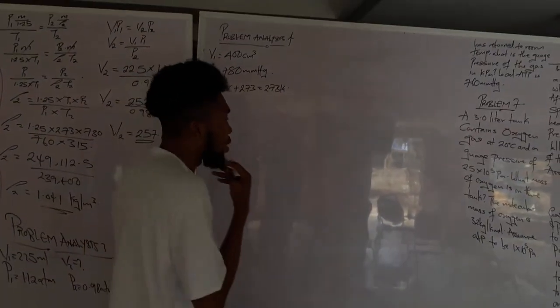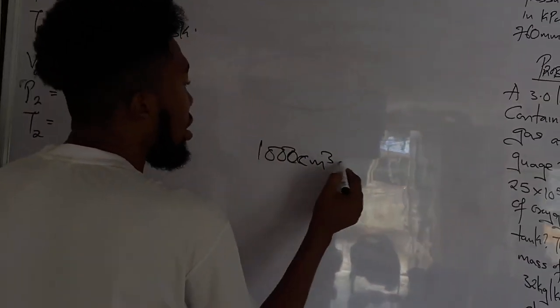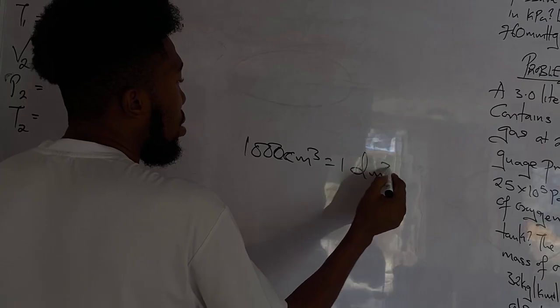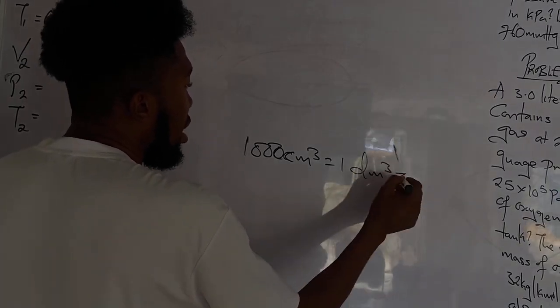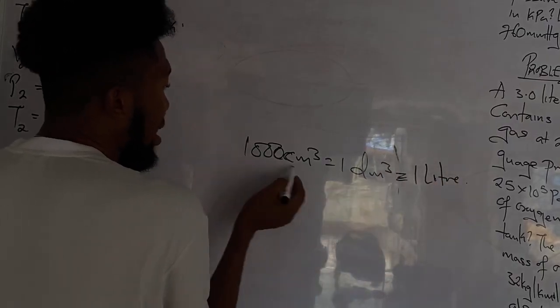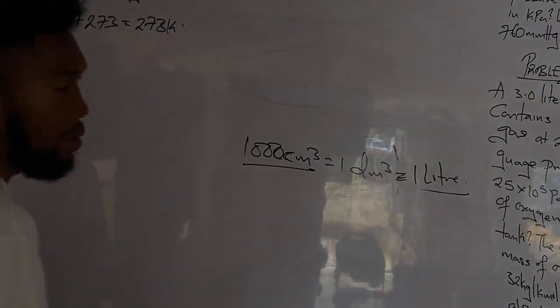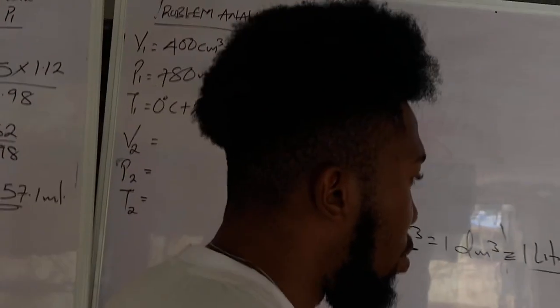But I will help us now. One thing you must know is that 1000 centimeter cube is equal to 1 dm cube, which is equivalent to 1 liter. So 1000 centimeter cube is 1 liter, and that's what we will use for the conversion.